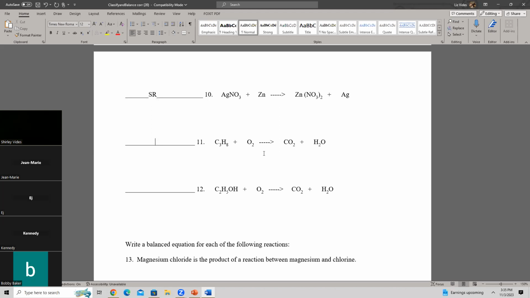Remember, what is something that doesn't happen unless oxygen is present? Combustion, that's right. It doesn't happen because if you don't have oxygen, nothing can burn. And all this is propane gas burning in oxygen, producing carbon dioxide and water. And the last one, what do you think it is?